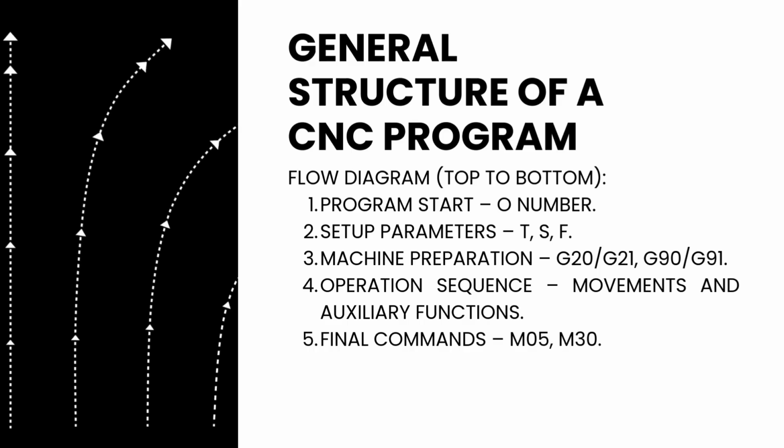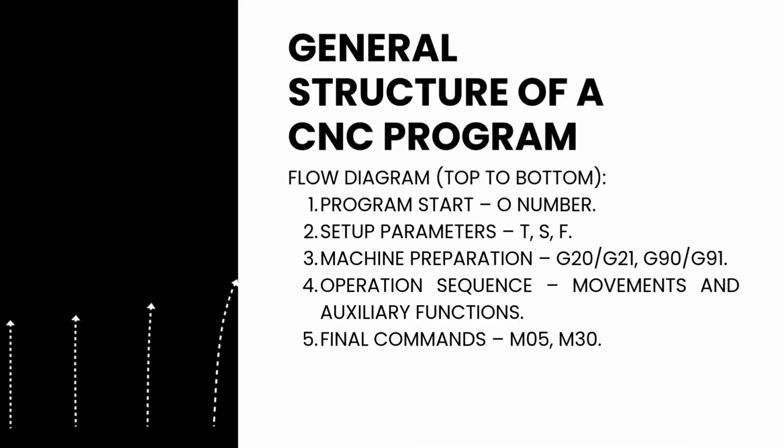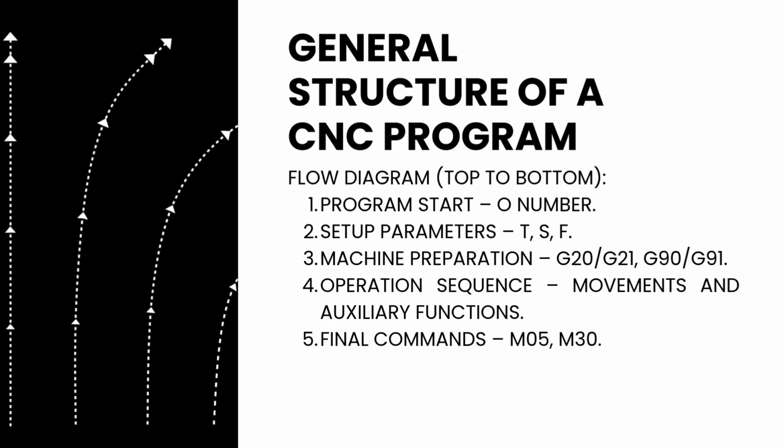Understanding the difference is essential because a single mistake in position and mode can completely change the outcome of a machining operation. After preparation, the heart of the program is the operation sequence. This is where the machine performs the actual cutting, drilling, or shaping. G codes control the movement, such as G00 for rapid positioning or G01 for controlled linear motion.